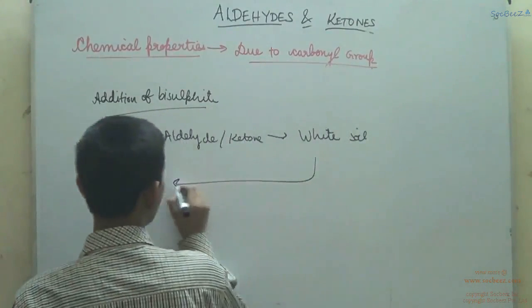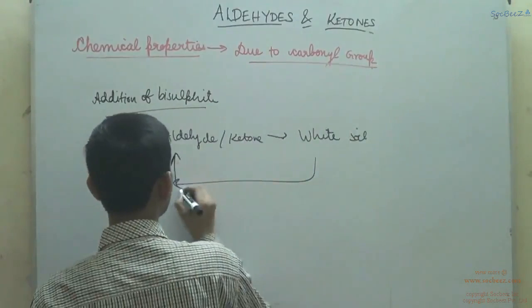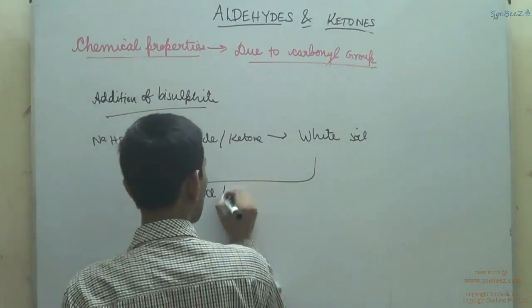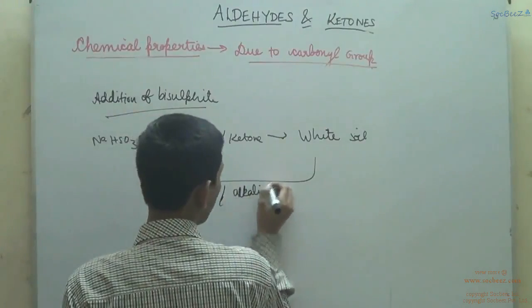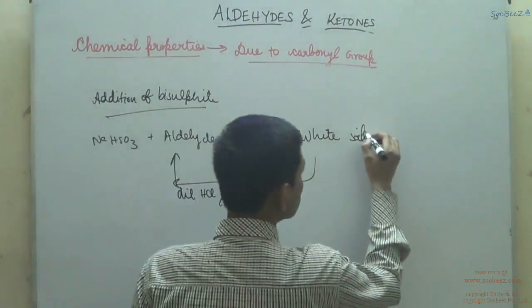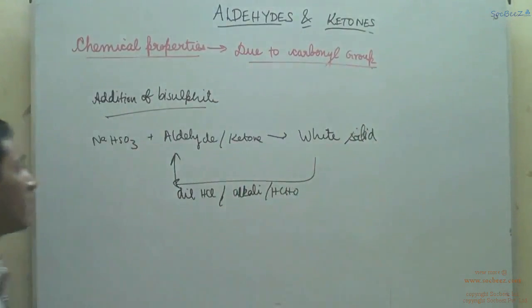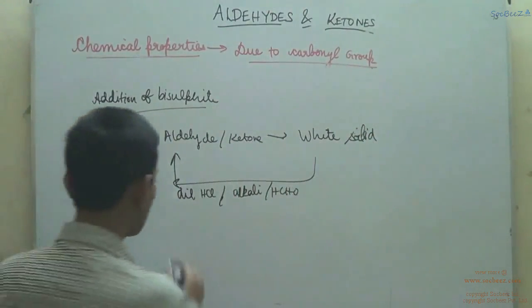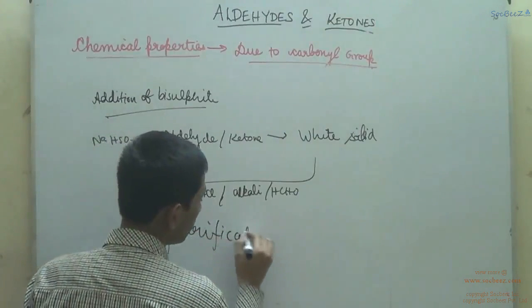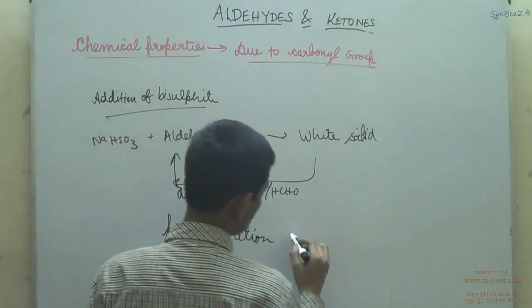So if you treat it with dilute HCl or alkali or even formaldehyde, this white solid is converted back into aldehydes and ketones. So basically this is used for purification of aldehydes and ketones from their original sources.